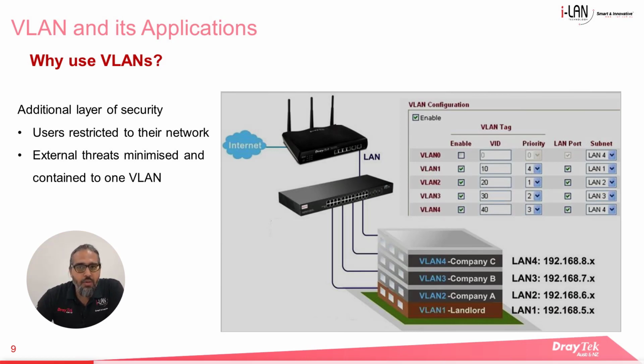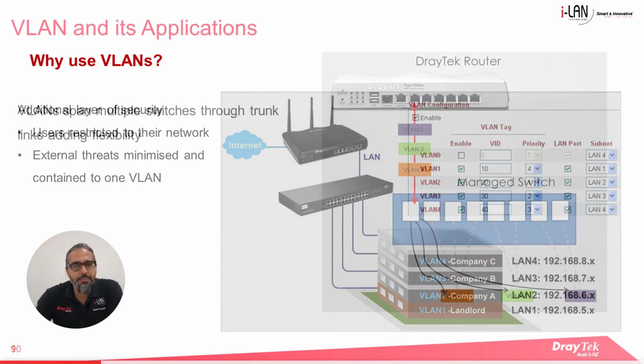Firewall rules can also be used to control data flow between networks where routing has been enabled, thereby helping to secure the network. External threats are, of course, minimized. If an outside attacker is able to gain access to one VLAN, they'll be contained to that network by the boundaries and controls in place to segment it from others.